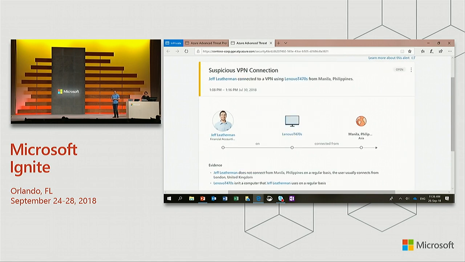And if I'm not talking about Astrid but about our hero, Jeff Lederman, who is one of the patient zeros in this organization, we can see that Azure ATP is learning the VPN behavior of Jeff Lederman. So what we are learning is when Jeff is usually connecting from VPN, what are the names of the machines that Jeff is connecting from, and what kind of locations Jeff is connecting from.